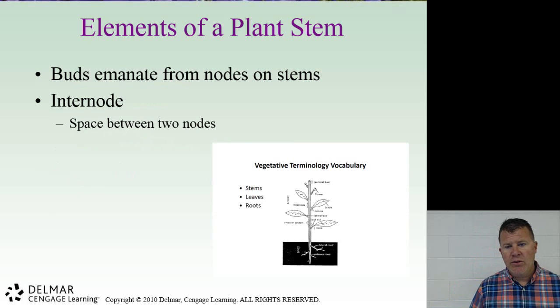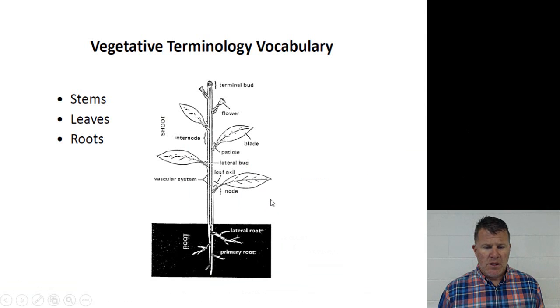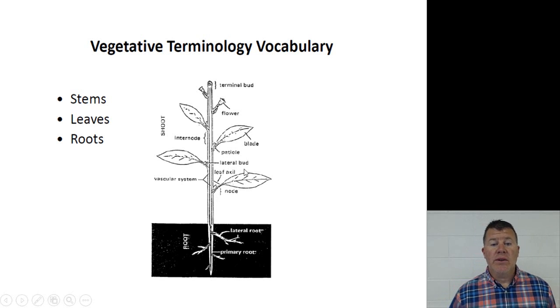All right, buds are going to come from the nodes on the stems, and the internode is the space between these. I've actually blown this slide up on the next one. Your nodes right here, then the internode is the space in between the nodes.